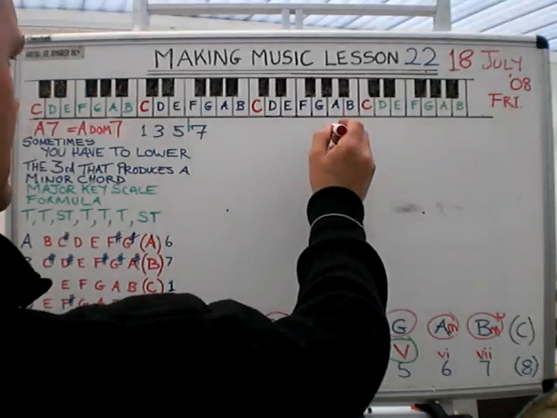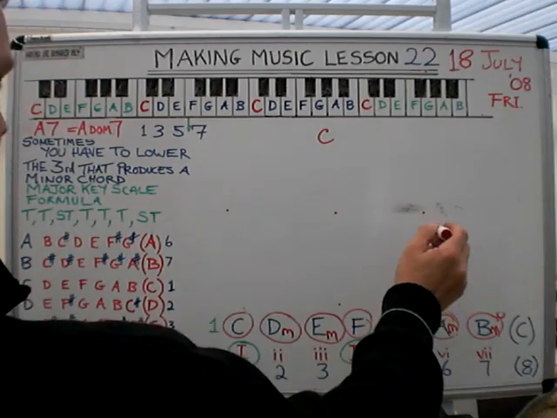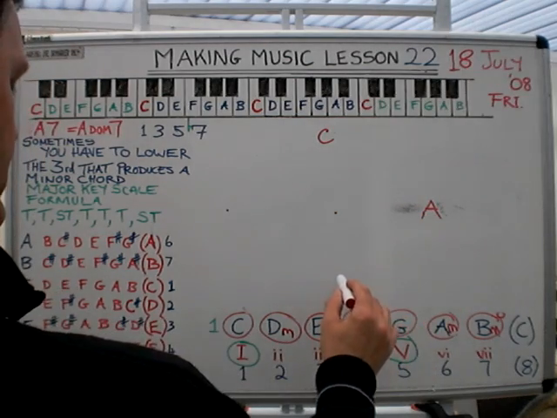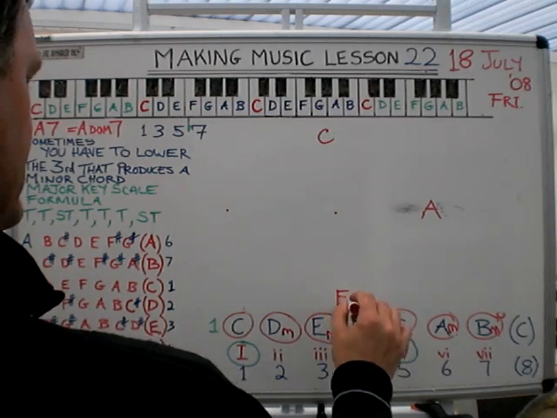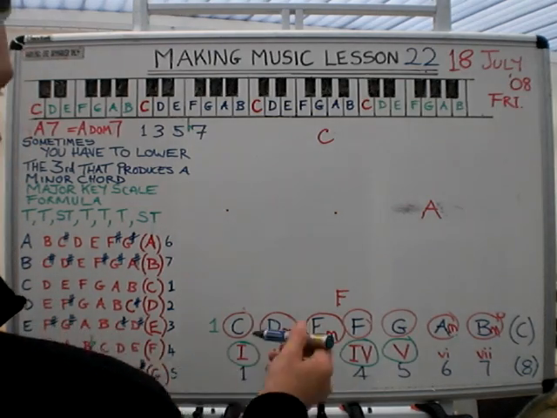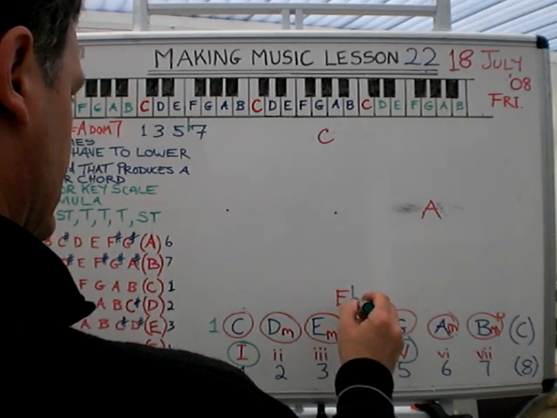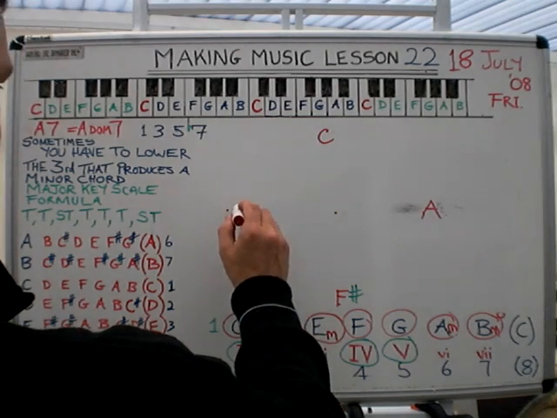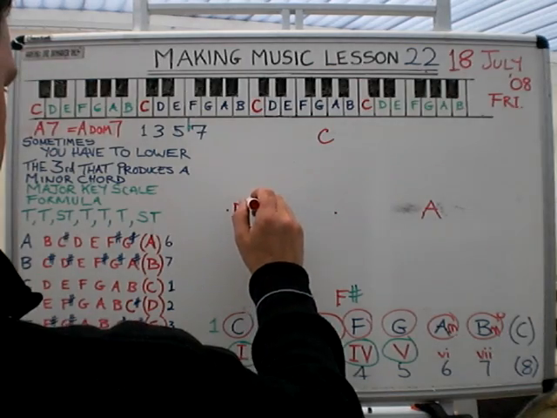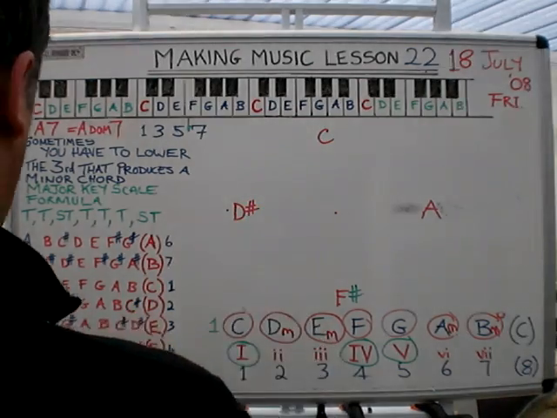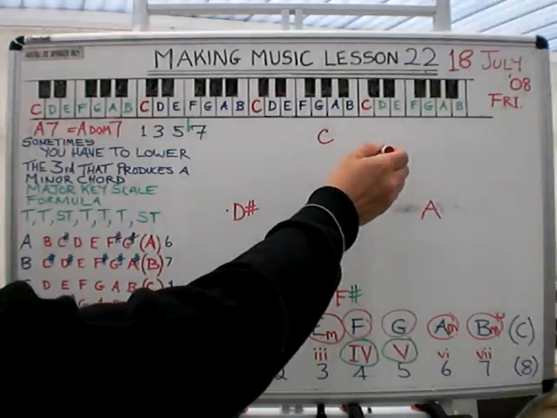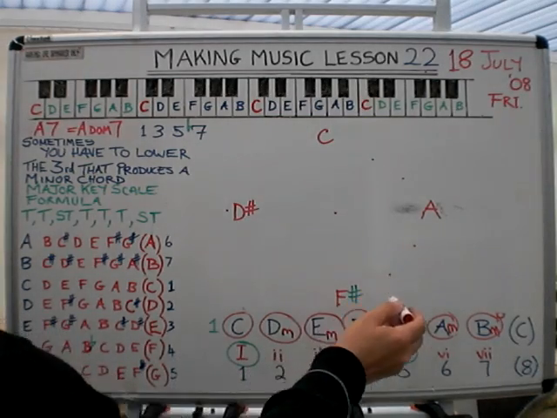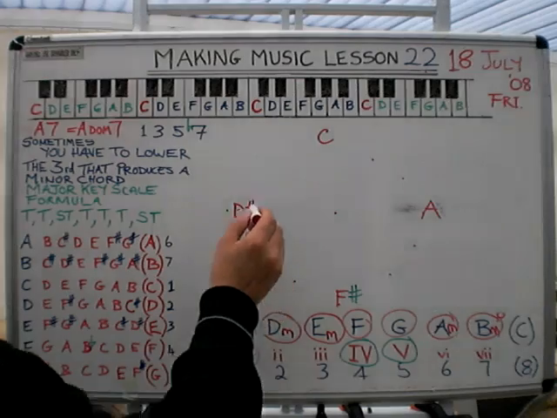The one I want you to start with at the top is a C. The one I want you to put here is an A. And the one I want you to put here is an F sharp. And the one across here, I want inside the dot D sharp. Now I want you to put 2 further dots, one there in between, 2 dots there, 2 dots here, and 2 dots here.